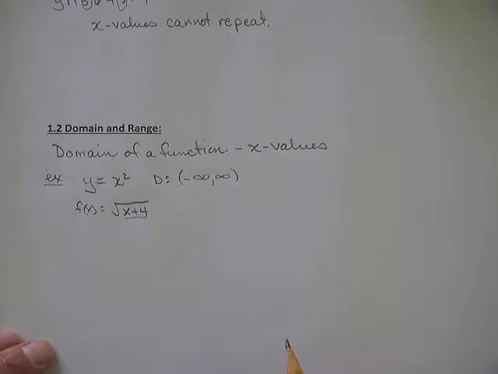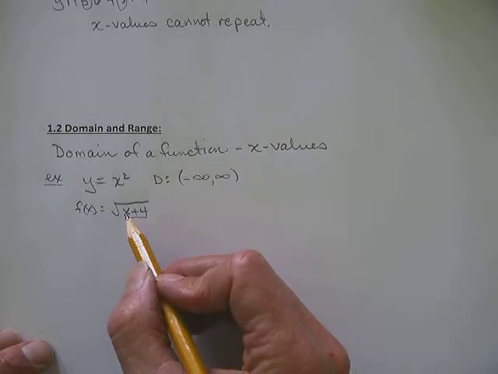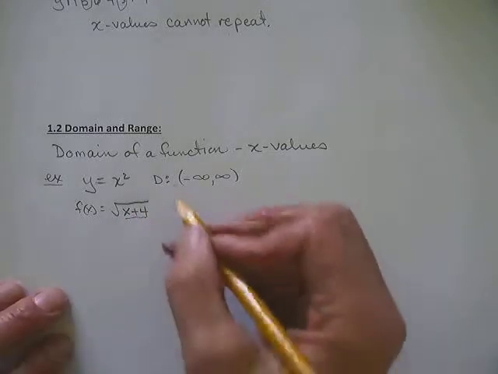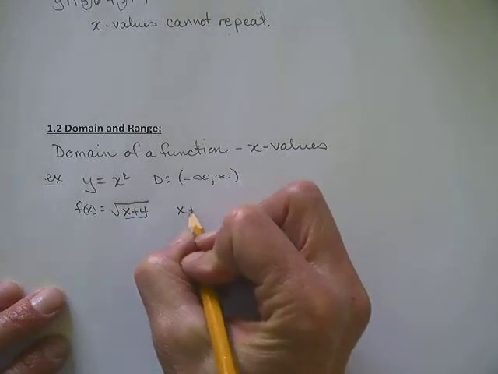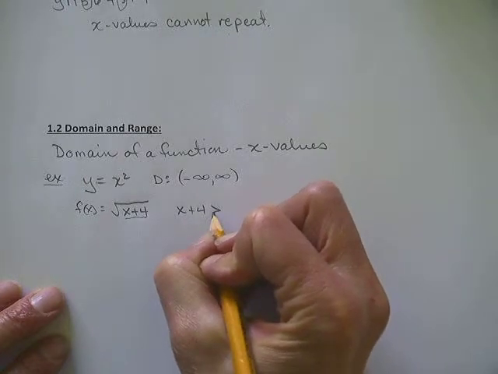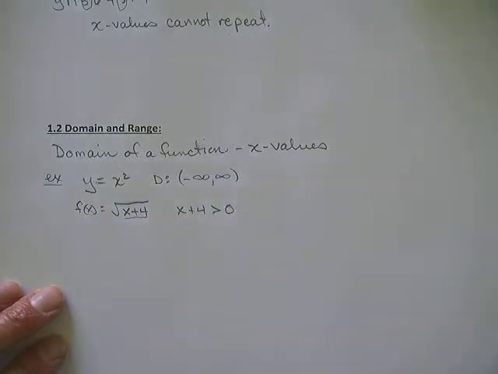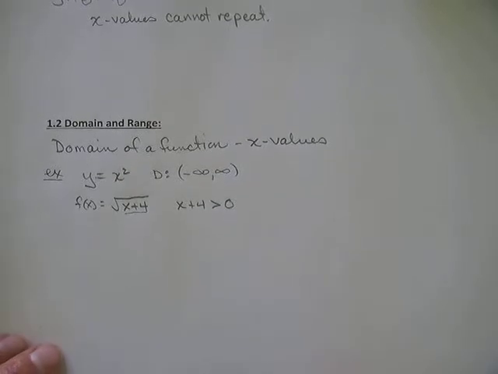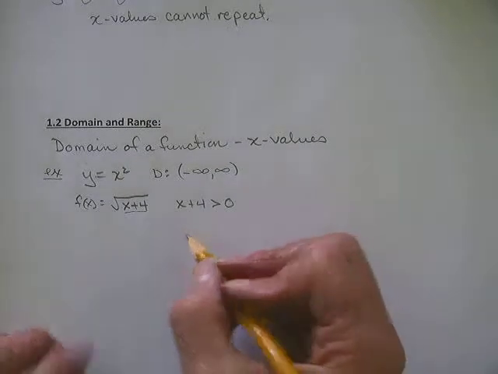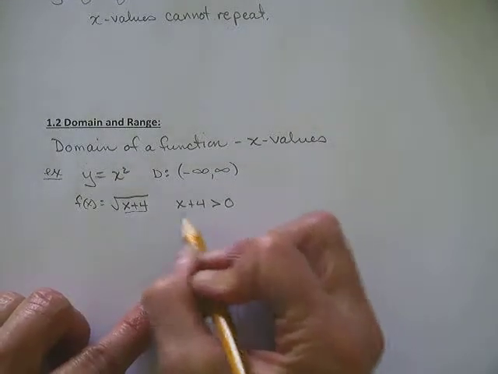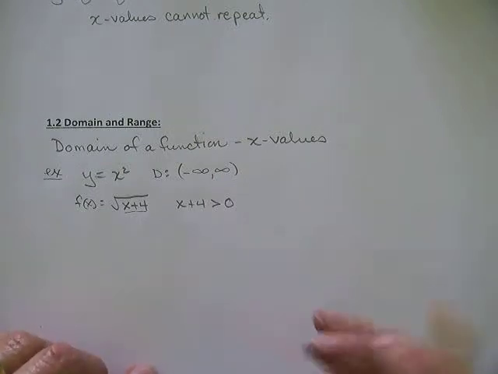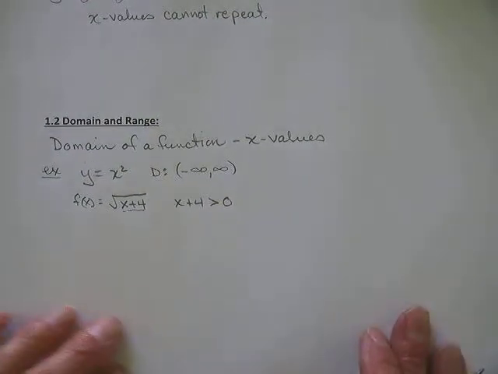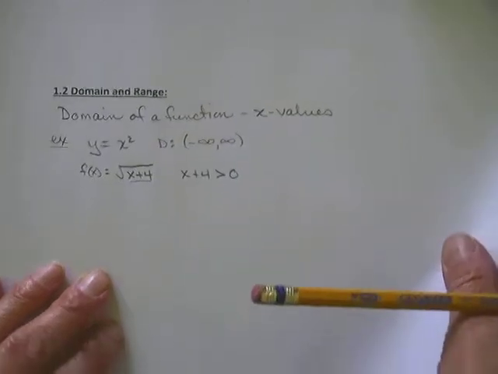You can't have anything negative. So all of this under here has to be bigger than what? 0, because it could be like a half, it could be really close to 0, it could equal 0. If x was 0, that's fine. So basically, x plus 4 has to be greater than or equal to 0.